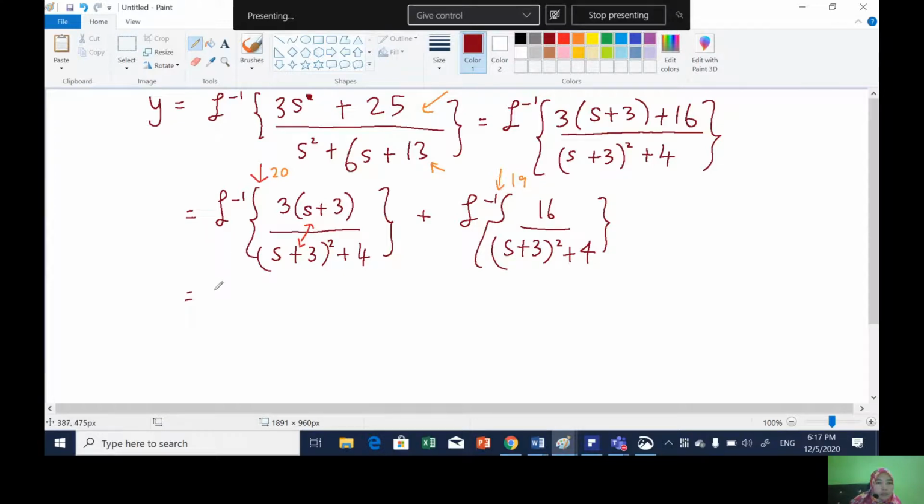So the next step, there is a constant, so take it outside. I'm going to write it down like this.